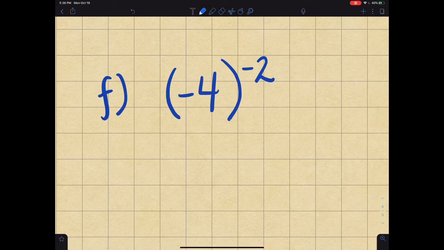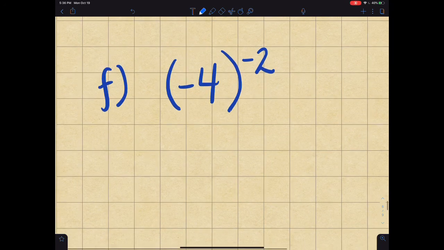But you could do it the way the book says. The way the book says is, because this negative sign is protected by these parentheses, you cannot put your fingertip over that negative sign.